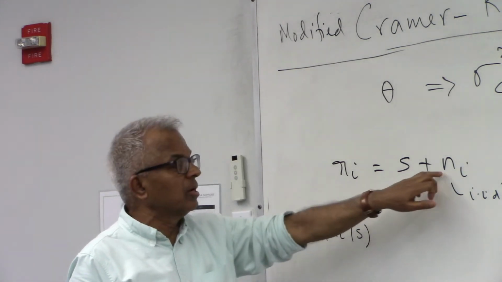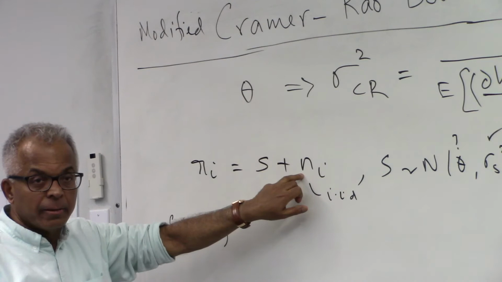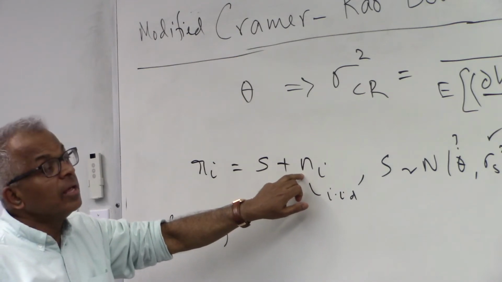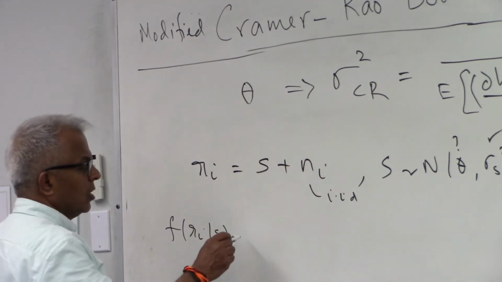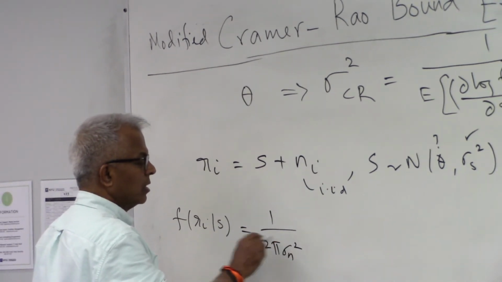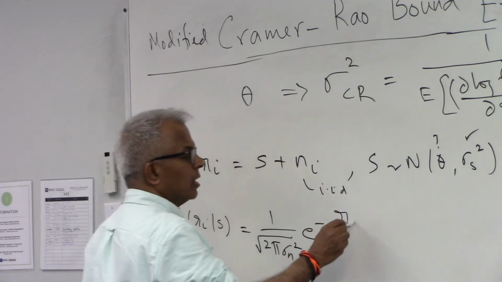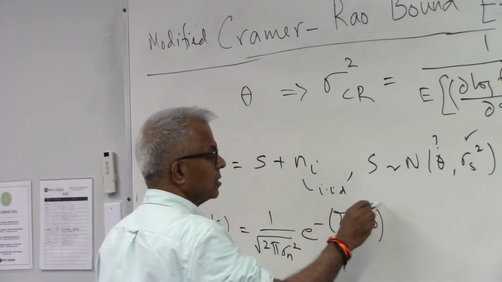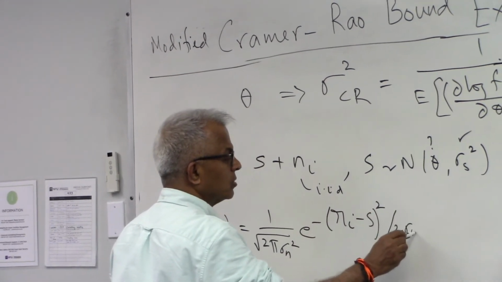Therefore, given S, the randomness is only from Ni, and Ni is 0 mean with variance sigma n squared. So each of these is 1 over square root of 2 pi sigma n squared, e to the power minus (Ri minus S) the whole squared over 2 sigma n squared.